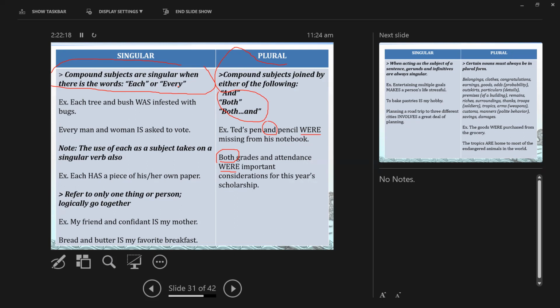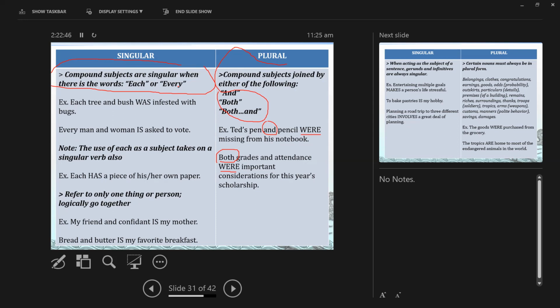Okay, so kailangan po natin ng helping verb. So, ano gagamitin niyo po? Is are buying or is buying a new car? My mother and father are buying a new car. Okay.